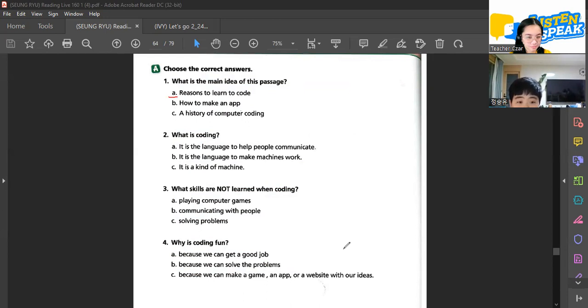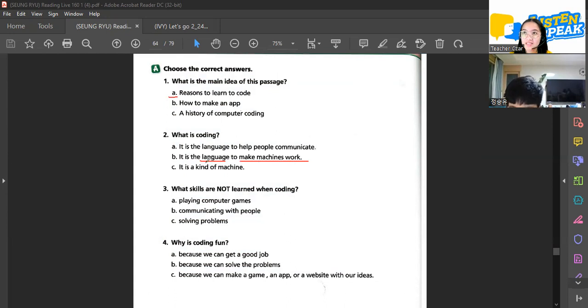A language to help people communicate, or to make machines work. Yes, coding can also make machines work like a robot. But on this one, coding is all about the language to make machines work.